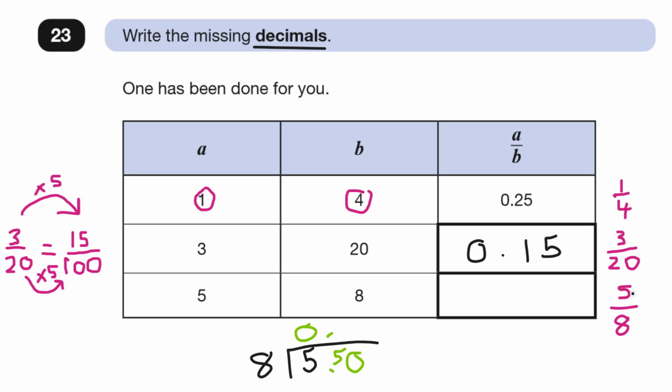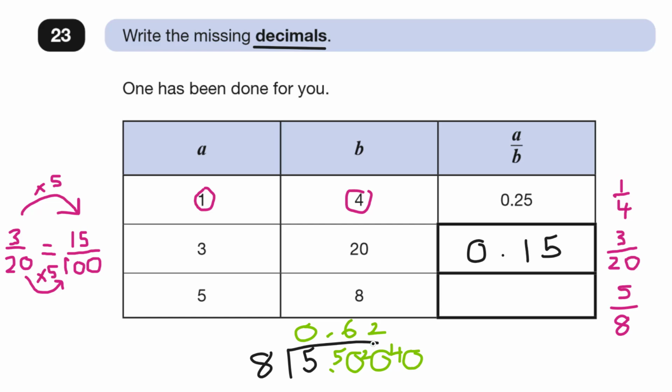And now we've got 8 into 50. 8 goes into 50 6 times because 8 times 6 is 48. So I've got a remainder, so I'm going to put another 0 over here and put my remainder of 2 next to it. 8 into 20 goes 2 times. 8 times 2 is 16. That means there's a remainder of 4. So I'm going to put another 0 here and put my remainder next to it. I'm going to extend my bus stop line.